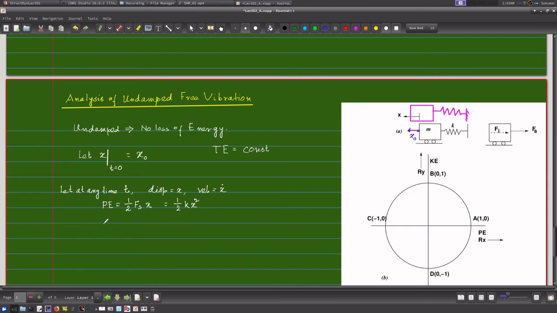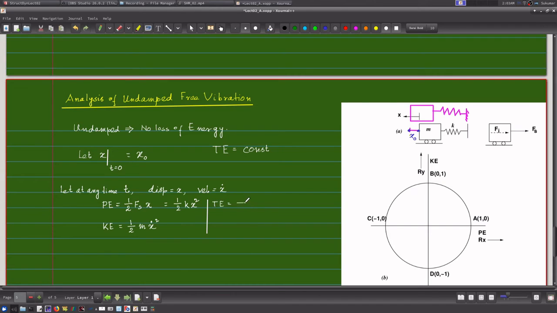Similarly, kinetic energy at time t will be equal to how much? Half times mass times the velocity square, and velocity is x dot, so x dot square. So therefore, what is my total energy? So total energy at time t is given by the sum of this potential and kinetic energy.